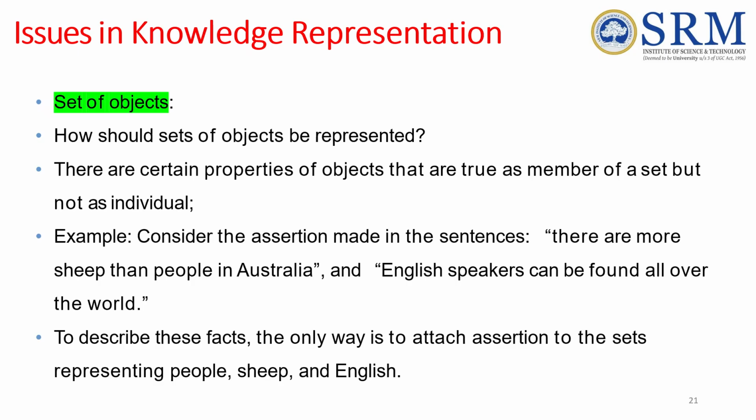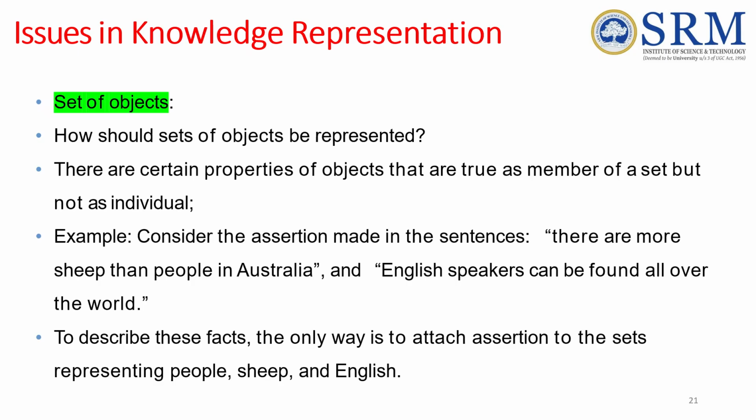For example, there are more sheep than people in Australia: the set of sheep in Australia, the set of people in Australia. It does not refer to any specific sheep or person, so the knowledge must attach to the sets rather than the individuals.